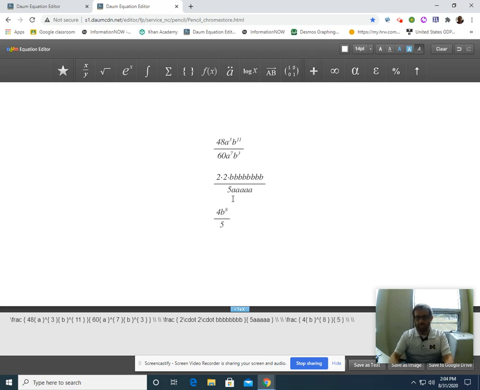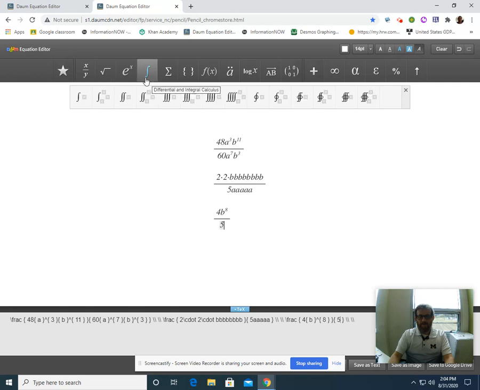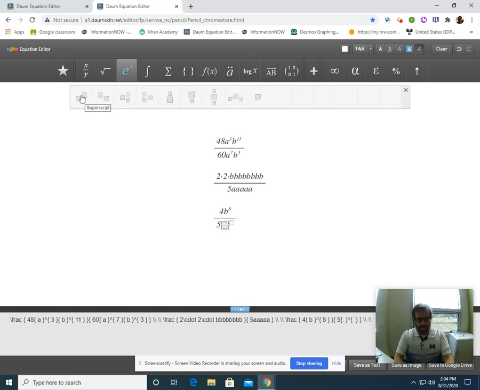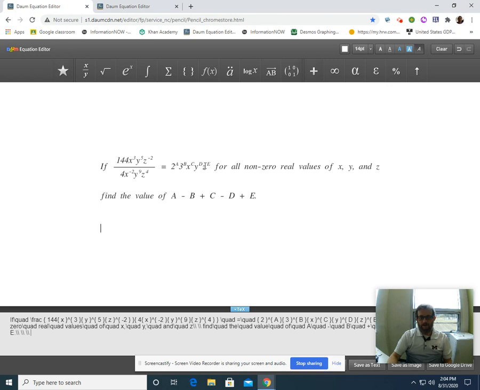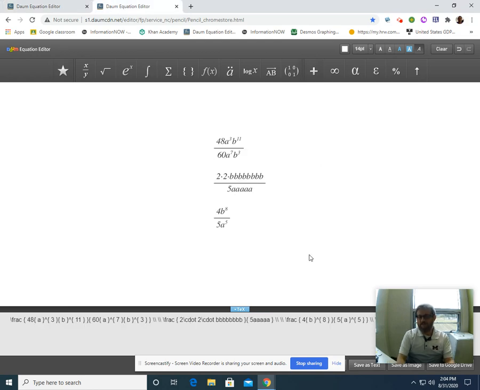And on the bottom, you have A to the 5th power. Now, you'll notice in the question over here, they don't want anything written in the bottom. Well, how do we do that? Well, we do that with negative exponents.